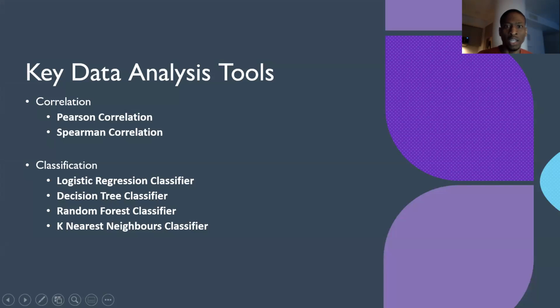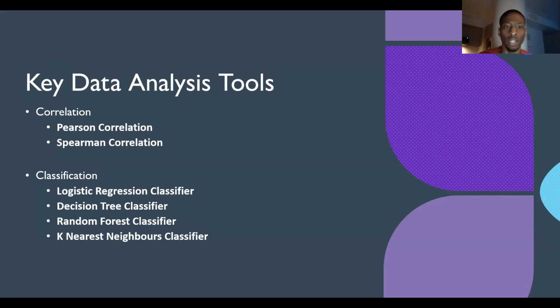The key data analysis tools that we used in Python were correlation, via Pearson correlation and Spearman's correlation, and also classification modeling, which focused on a training and test data set, looking at different types of classifiers.